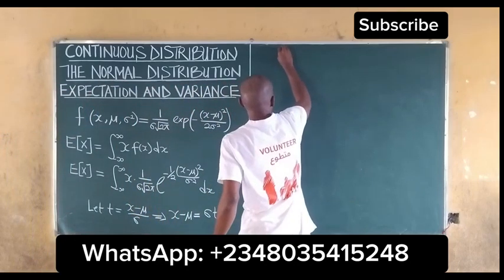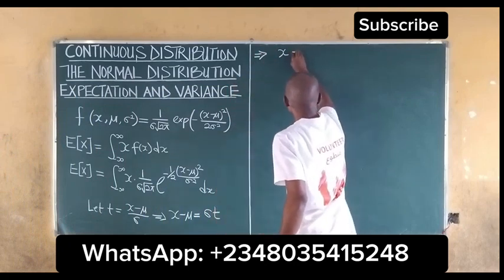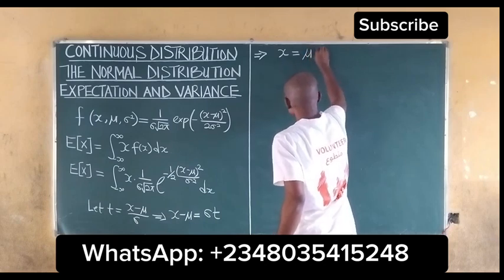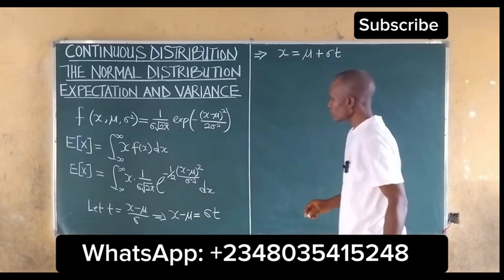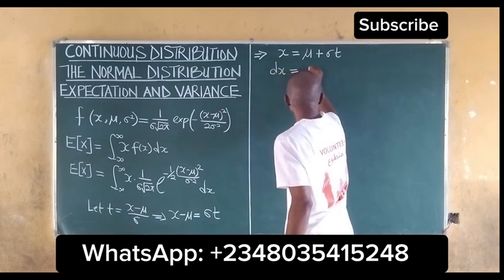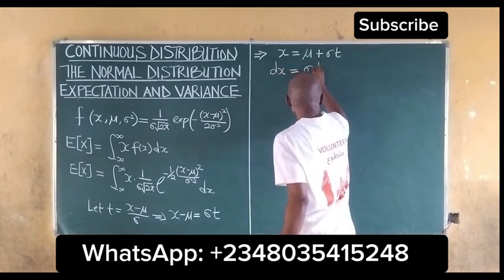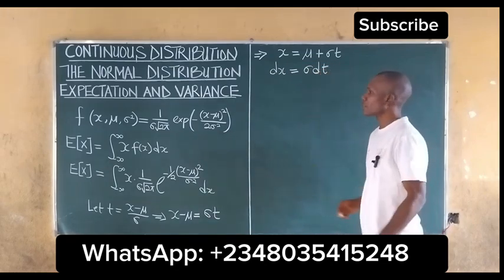It also implies that x is equal to mu plus sigma t. It then means that dx is equal to sigma dt. So this is called the change of variable technique.